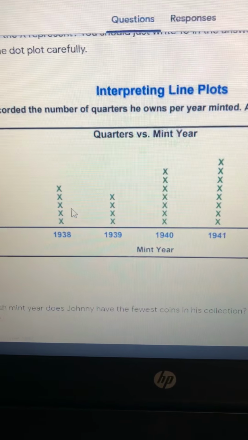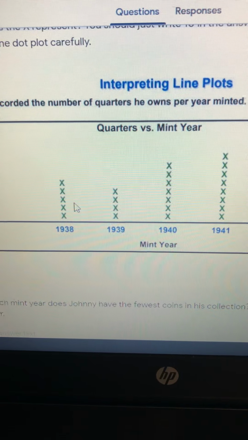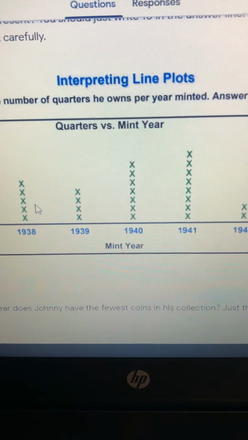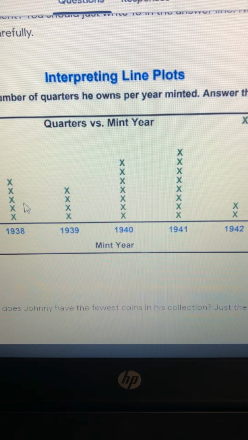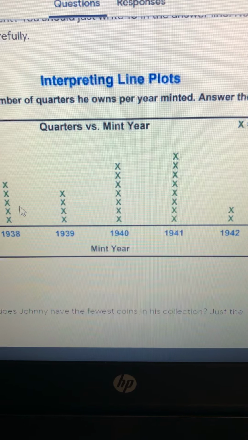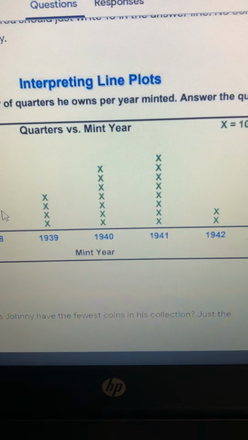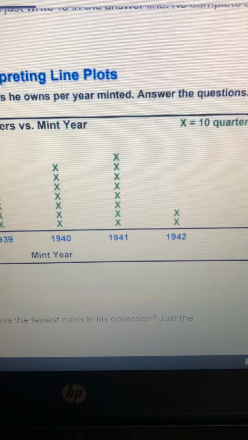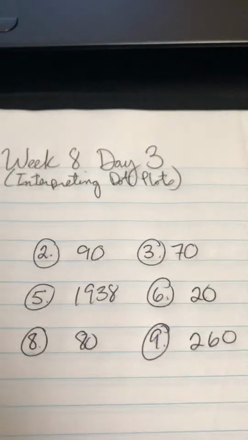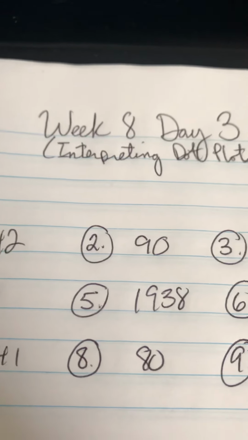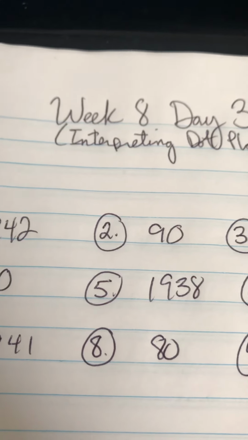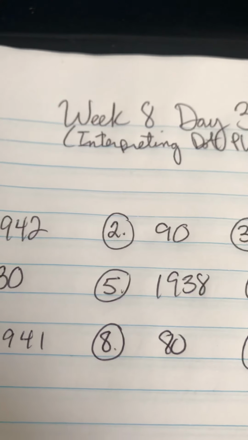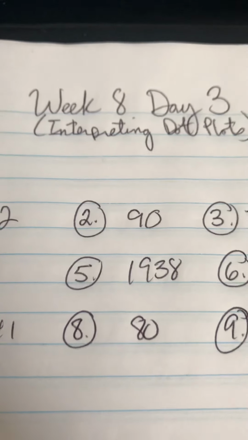So he has 1, 2, 3, 4, 5, and then 9, and then 7. 9 and 7 is 16, and 8 is 24, and then 2 more is 26. 26 times 10 is 260. So he has 260 quarters. Whoa, go Johnny, go. And number 10, and we are done, you guys.